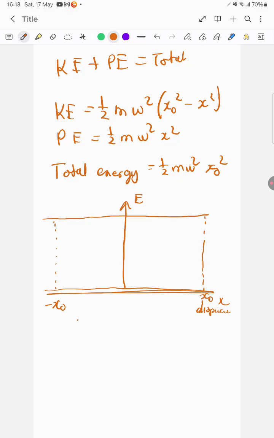Yes, because if you're at point A, all the energy will be max elastic potential. If you're at point B, all the energy will be max kinetic, and at any other point, both kinds of energy will add up to make that total.